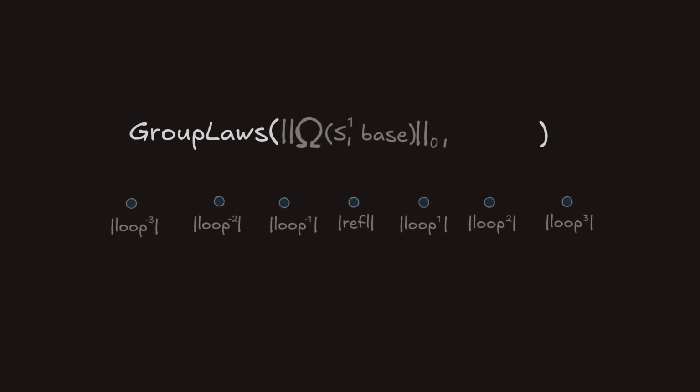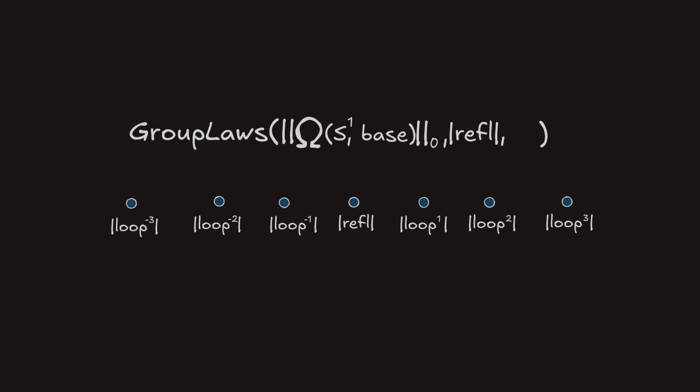Firstly, we need a set, but we already have a set since we applied set truncation to the loop space. Secondly, we need to pick out an identity element in the set. Let's pick the term constructed from refl.